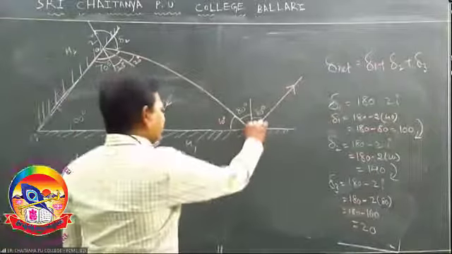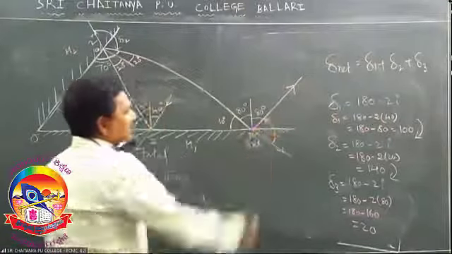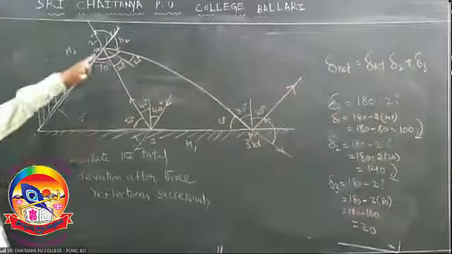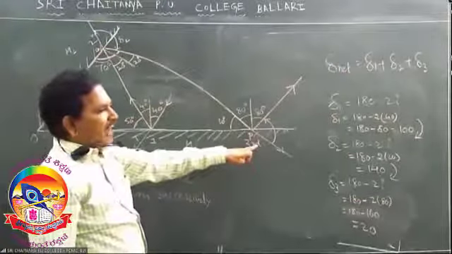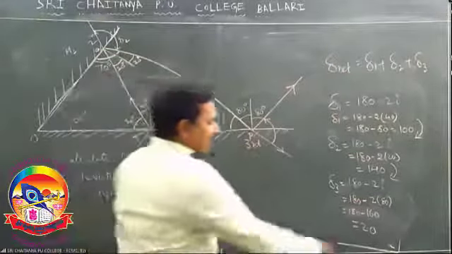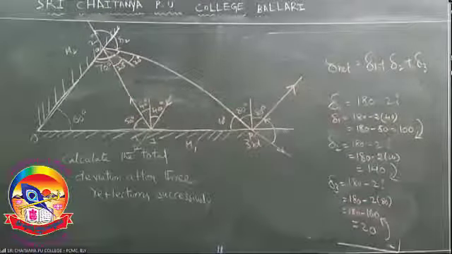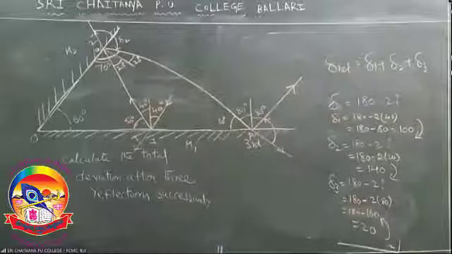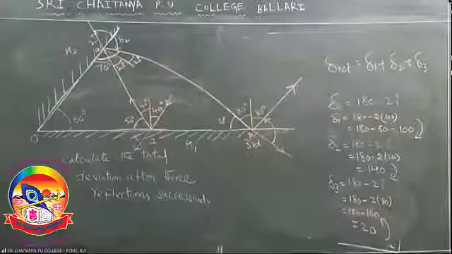Extend this incident ray along the actual path. Here I got anti-clockwise, while the earlier ones were clockwise. So here the deviation is anti-clockwise, 20 degrees.